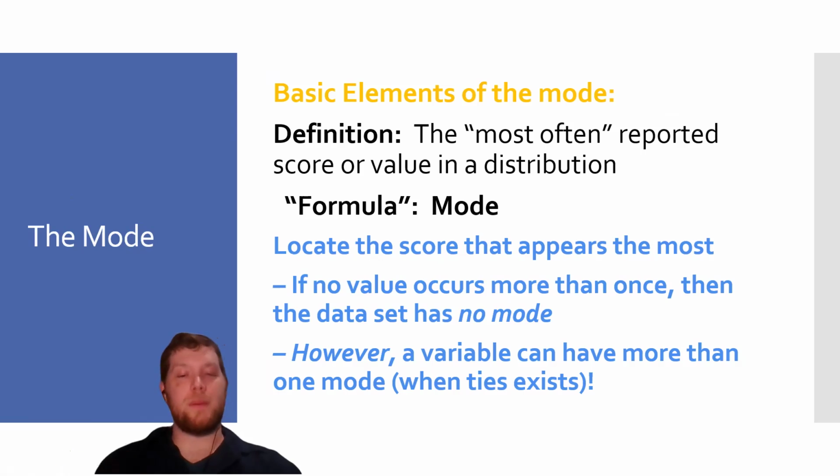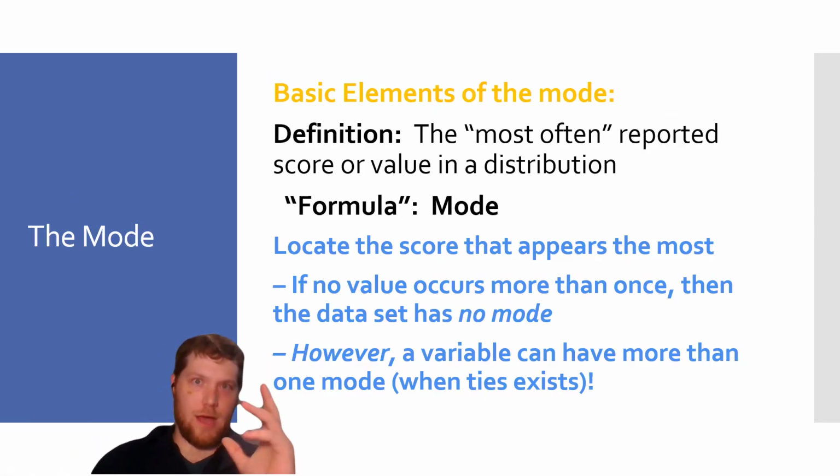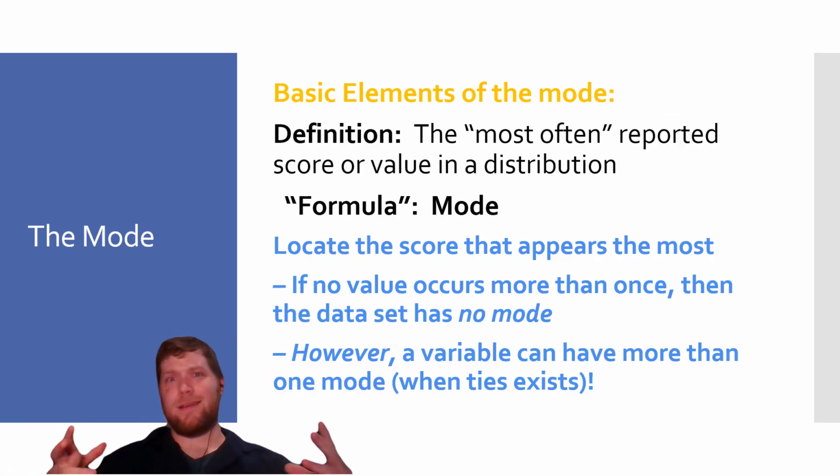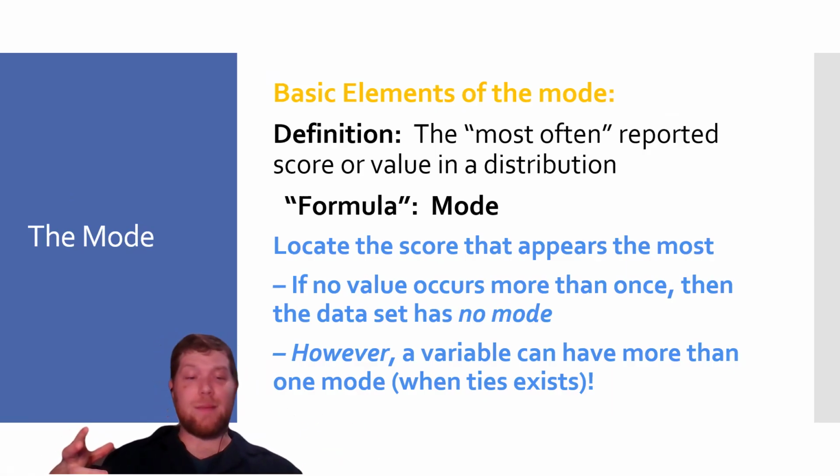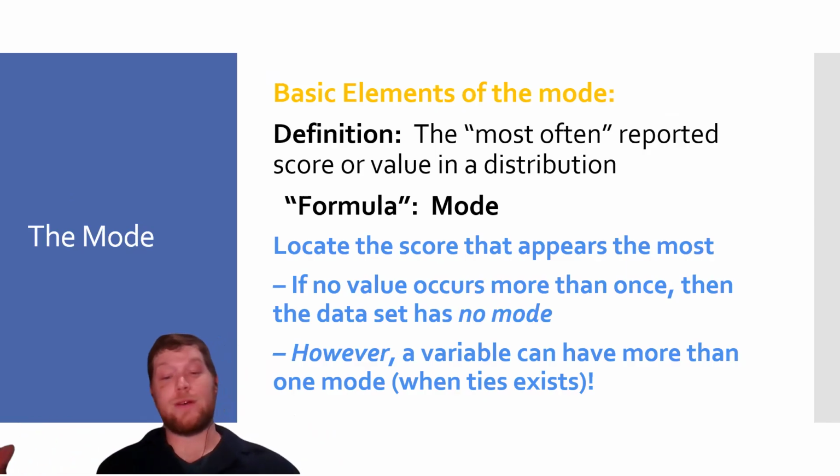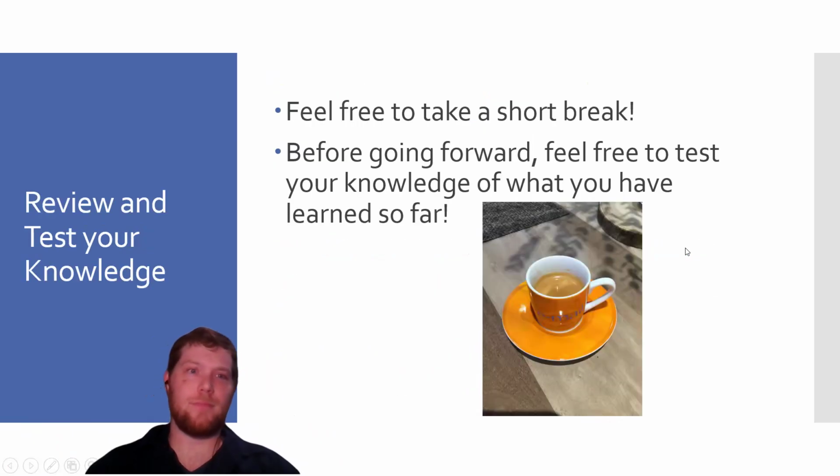Then the mode would be the one with the highest frequency, the most number of observations or individuals. Now, you could have the same number of people being 25 as well as 27. And if that's the case, then they're both considered a mode in our analysis.